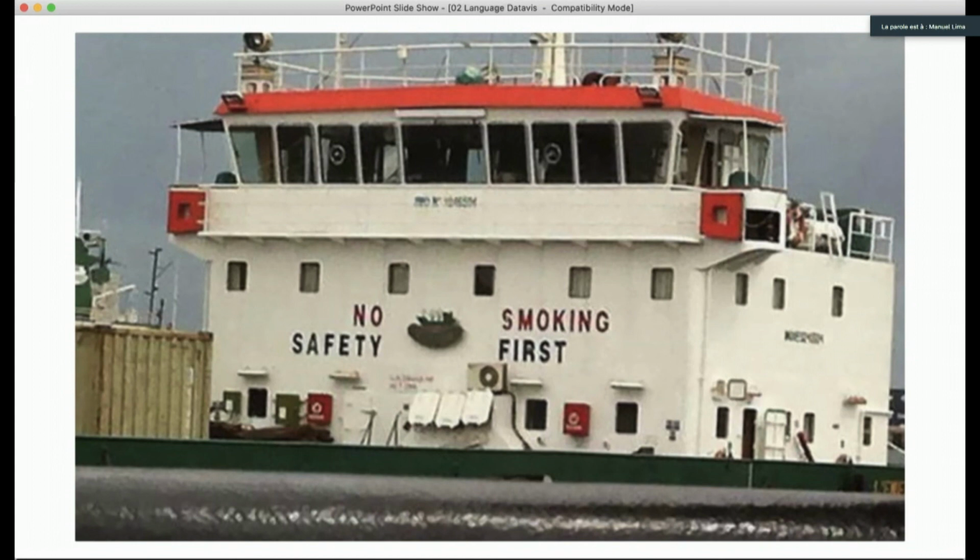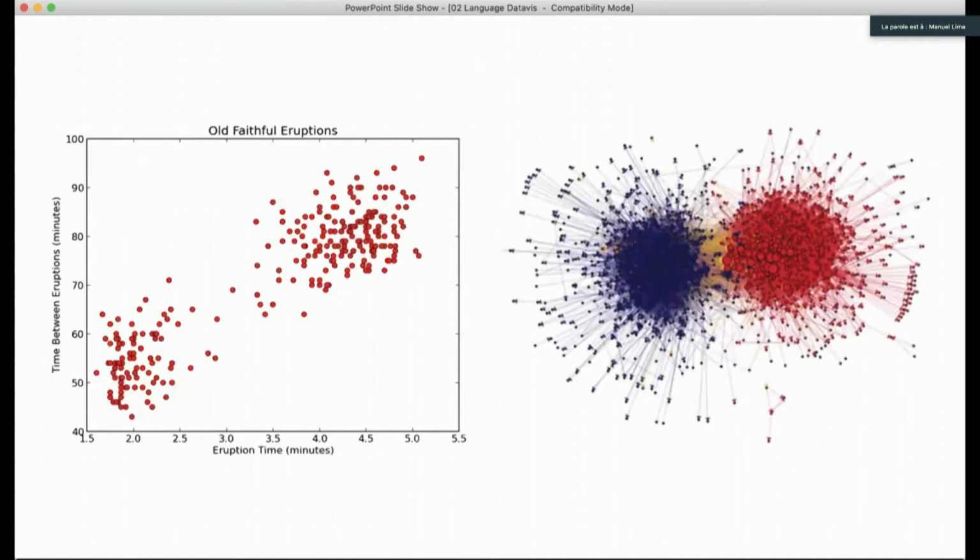This is actually still showing on a boat today. And if you notice, they even tried to change this error, right? They painted no smoking red and safety first is black. They could even have used different fonts, different typefaces. It wouldn't matter. You would still read those things as you are reading them now. Why? Because the law of proximity supersedes any other law. It's the ultimate design law.